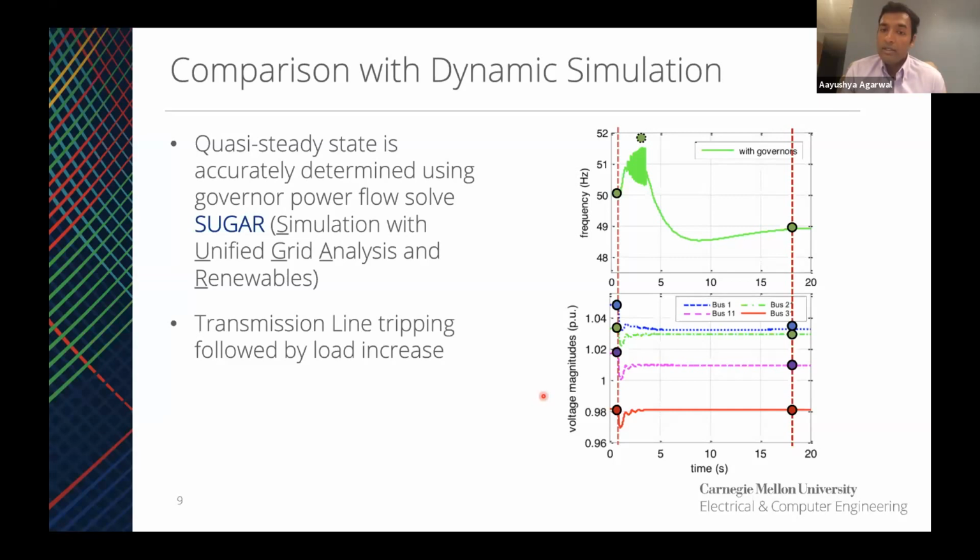What we notice is the curves are defined by the dynamic simulator, and the markers are the quasi-steady state from SUGAR. We notice that it can very accurately find the frequency and voltages before and after the disturbances. So this helps us validate that this quasi-steady state assumption is accurate.